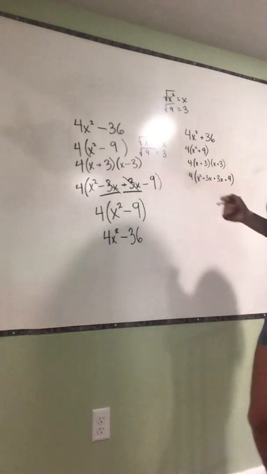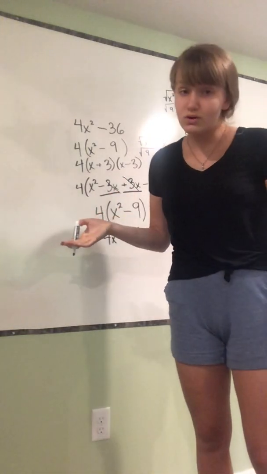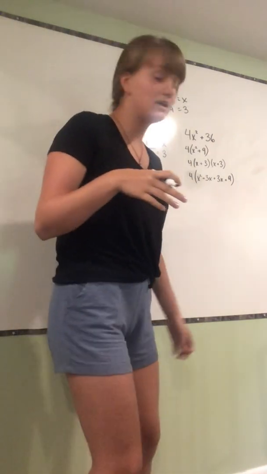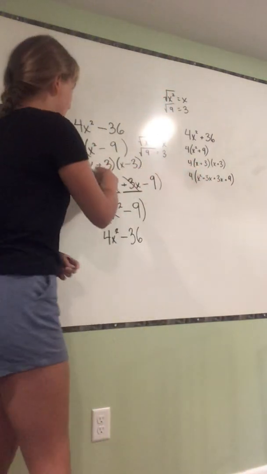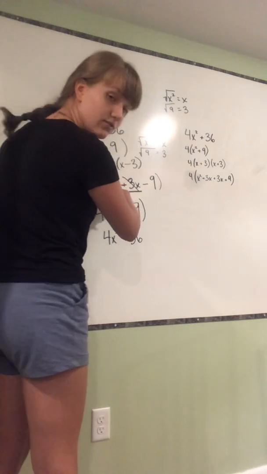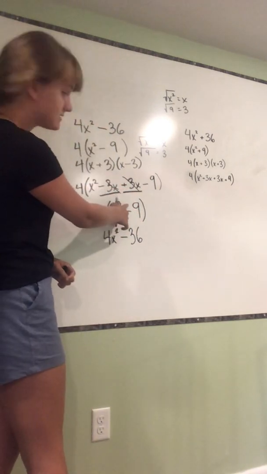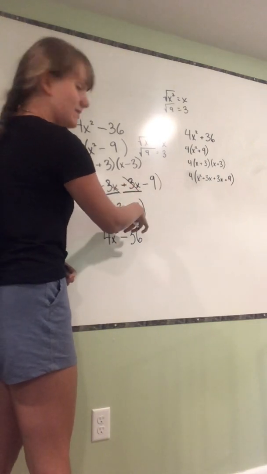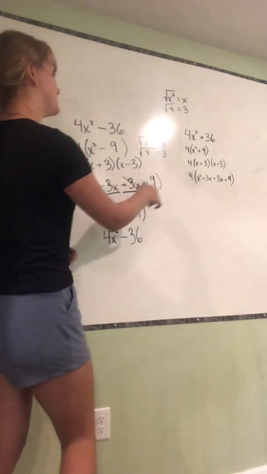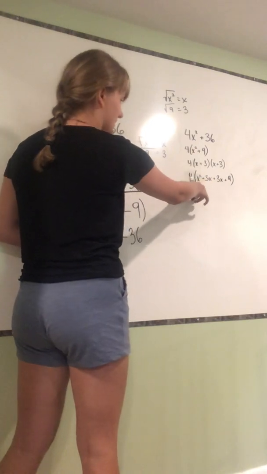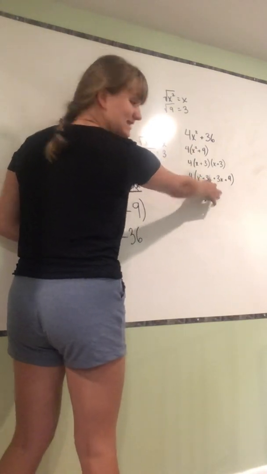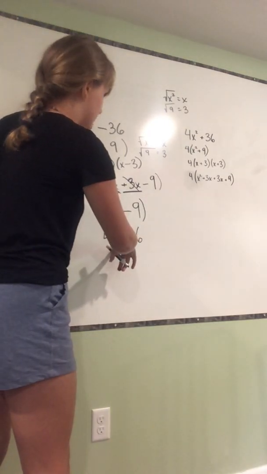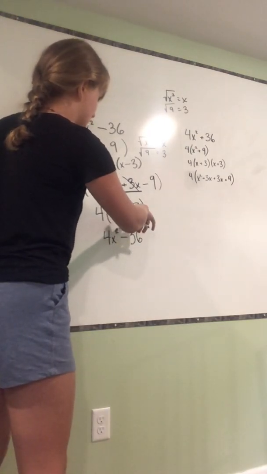So 2 times 3x is 6x. Beforehand, we had negative 3x and positive 3x. They cancel out. They got 0, so we got what we had at the beginning. But see, if we do this, you're going to have x squared plus 6x plus 9 instead of x squared minus 9.